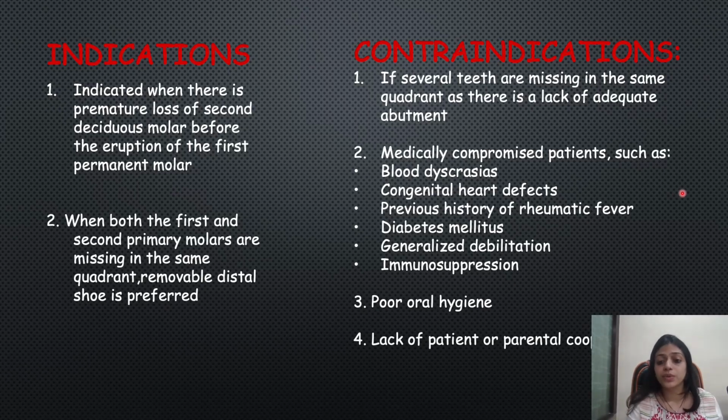And in medically compromised patients like patients who have blood dyscrasias or congenital heart defects, previous history of rheumatic fever, diabetes, generalized debilitation, immunosuppressed patients, because in such patients, since this is an invasive procedure, it is difficult to do it, and also it involves certain other risks. Also patients with poor oral hygiene and lack of patient or parental cooperation, it cannot be given.